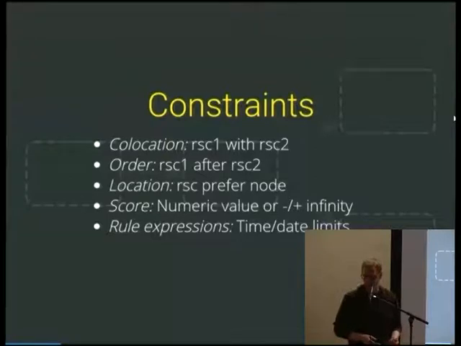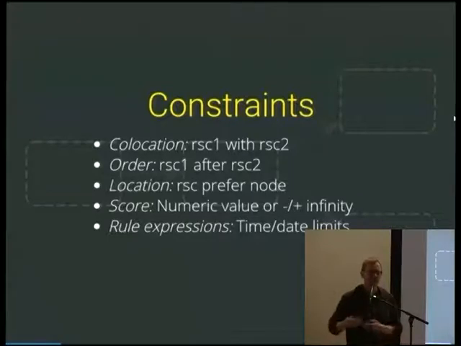And then the final constraint is a location constraint, where you can say that this resource can only start on these certain nodes, or it has to start on these nodes, or it should never start on a certain node. And the way you control the preference is using a score.